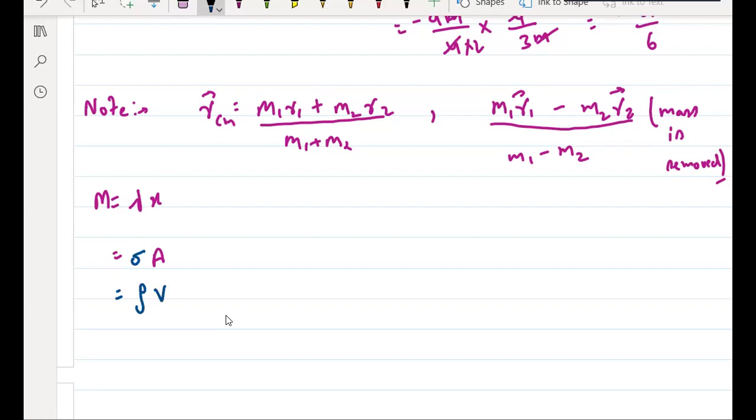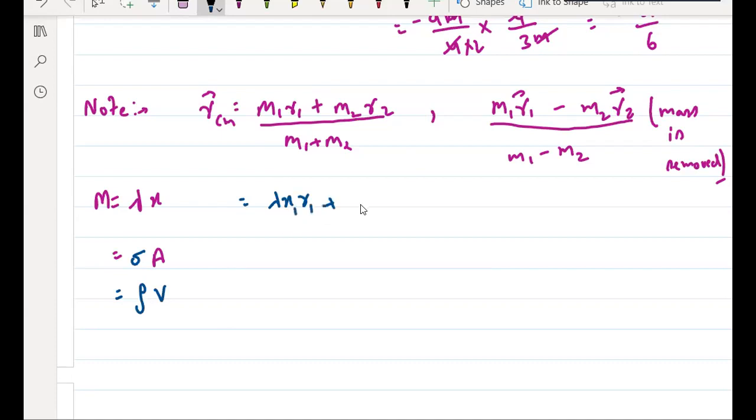Mass can be written as linear density into distance, area density into area, volume density into volume. So using this, the formula will become lambda into x1 into r1.